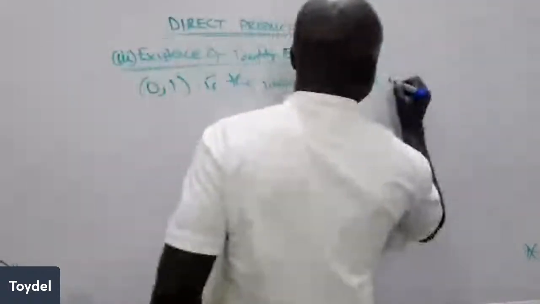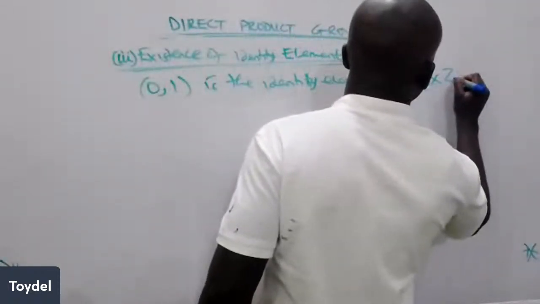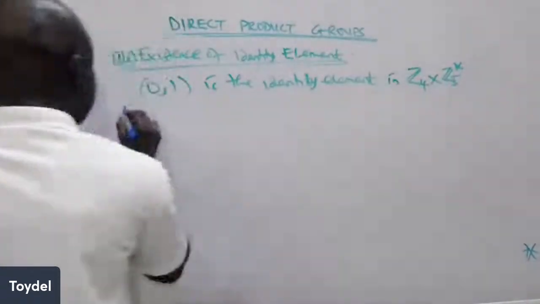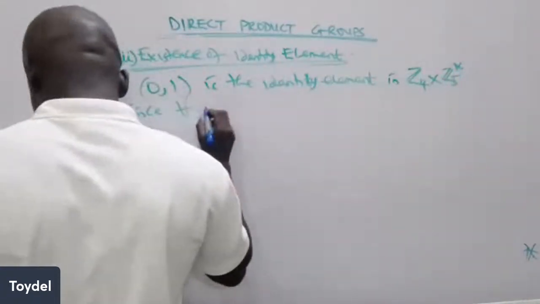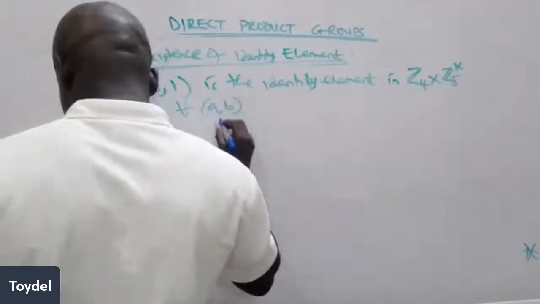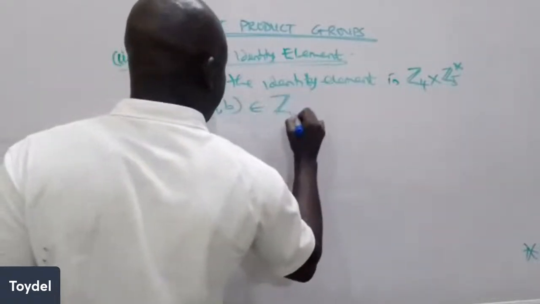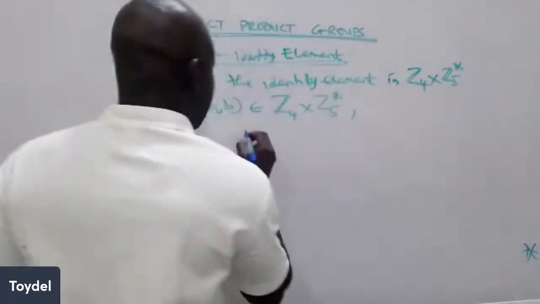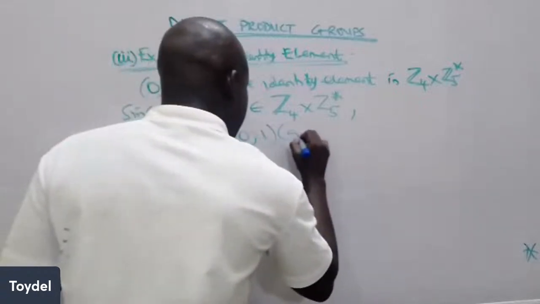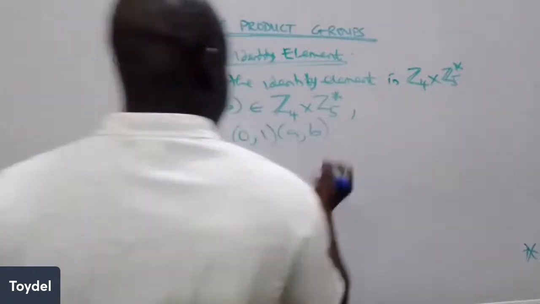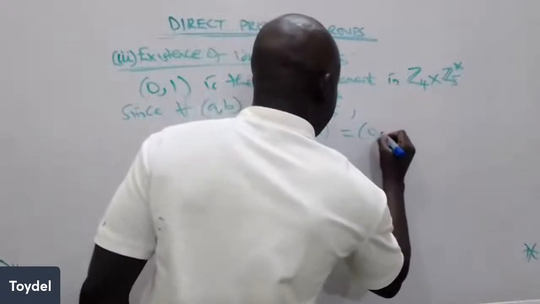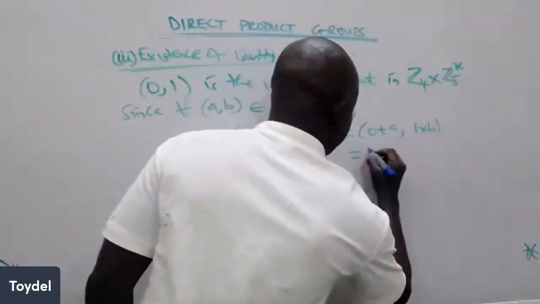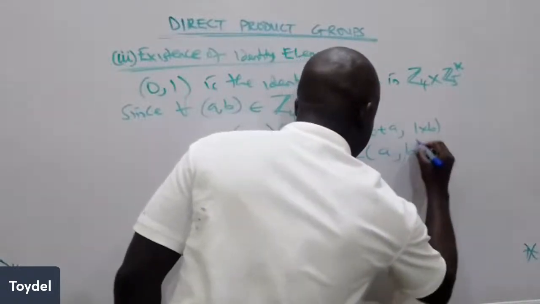Okay, identity element in Z4 cross Z5 asterisk. So that's the identity element. Since for all A, B that belongs to Z4 cross Z5 asterisk, we can have (0, 1) times (A, B), which is the same thing as 0 plus A, 1 times B. At the end of the day, 0 plus A is A, 1 times B is B. We are going to have (A, B).